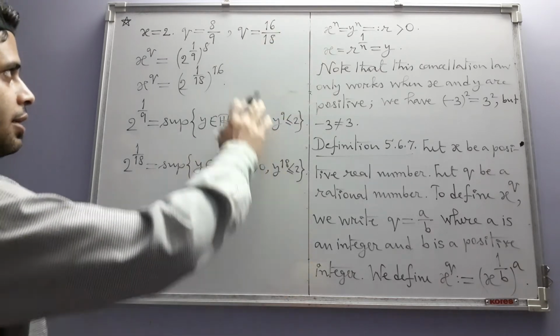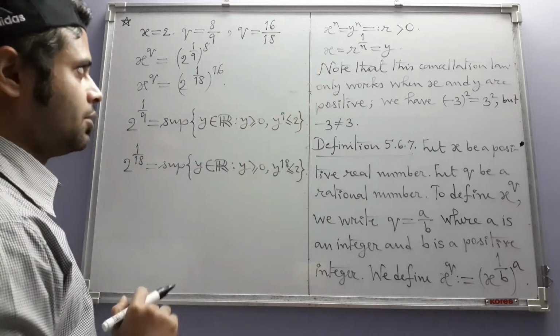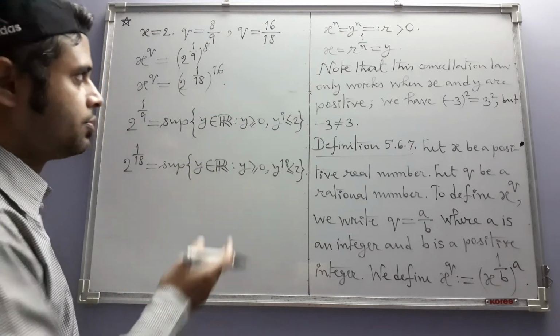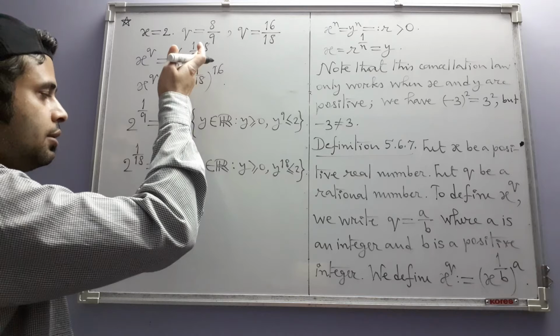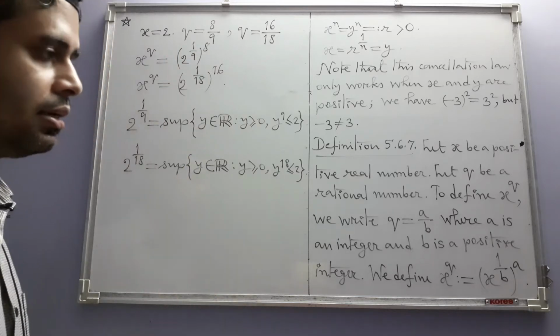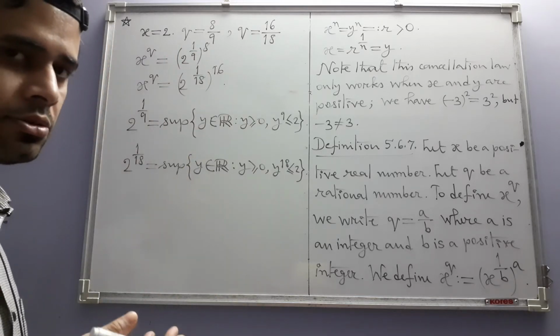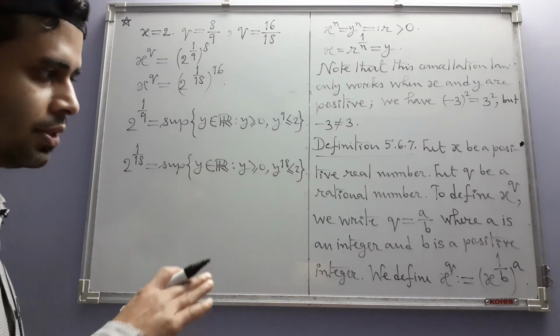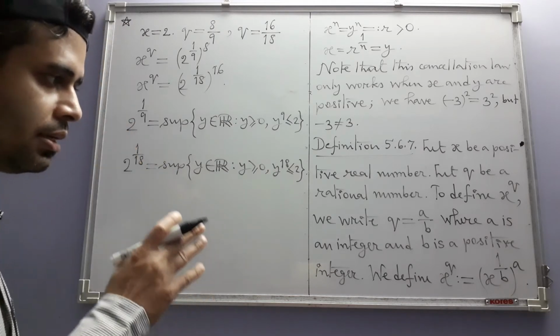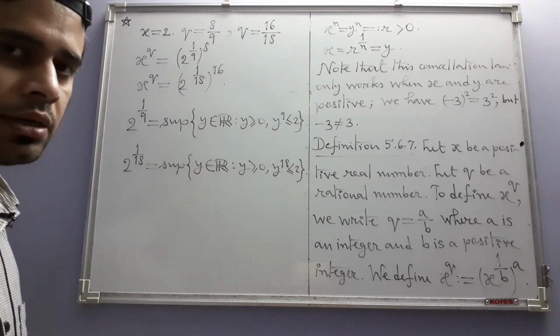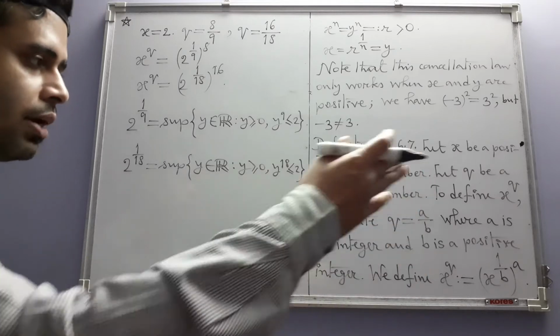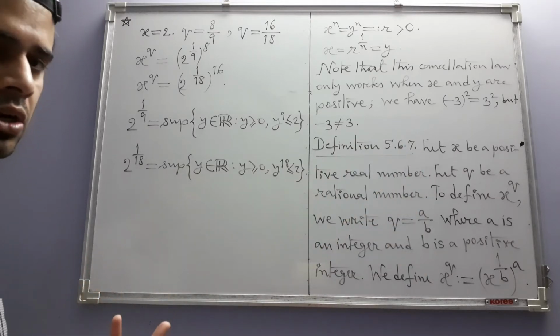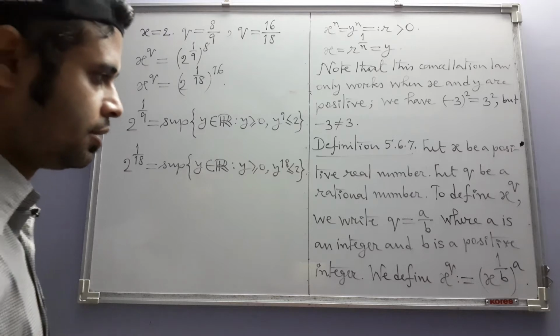You can have infinitely many different types of representations for q as a quotient of integers. If every time we are getting a different answer, then that is not a very good definition. We won't have a single value for x to the power q. We will have a set of values which then may not be of much use.